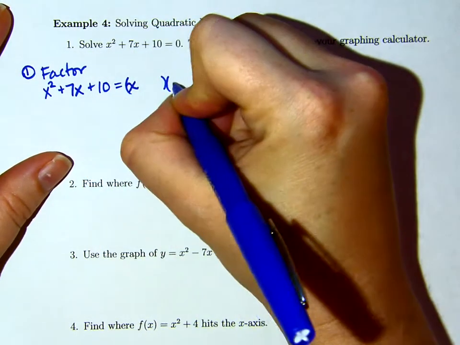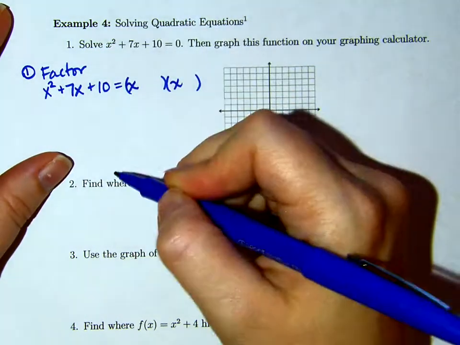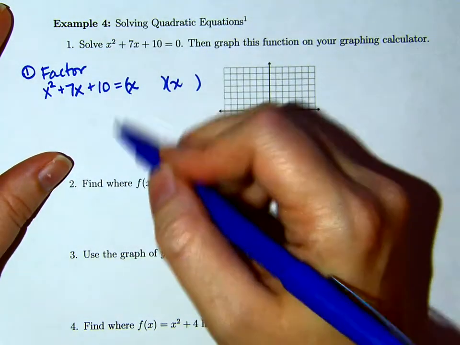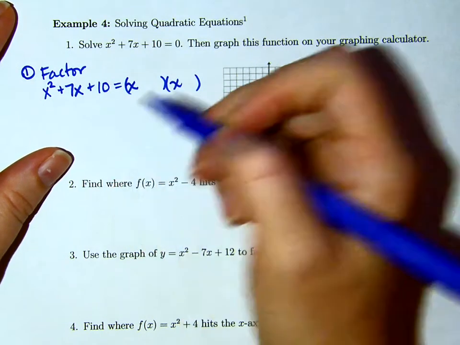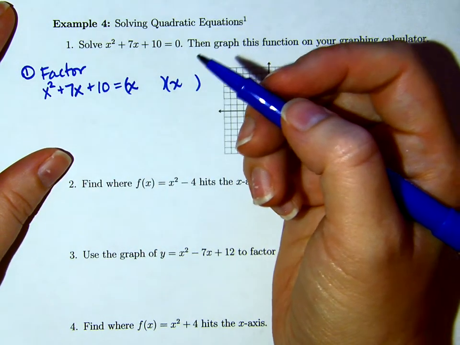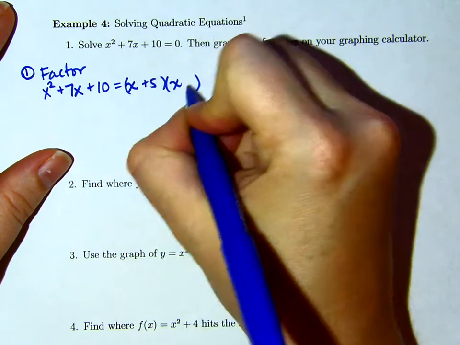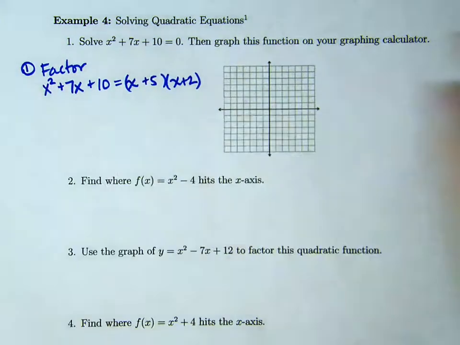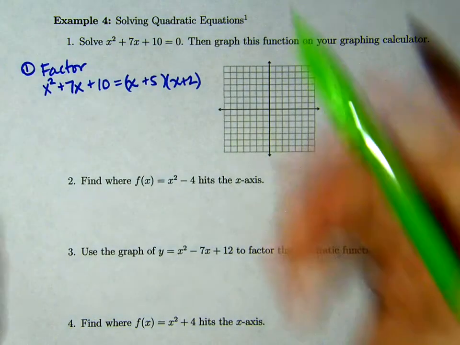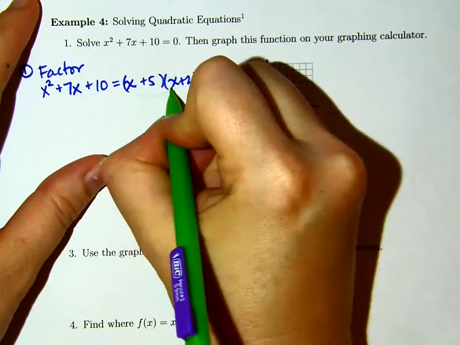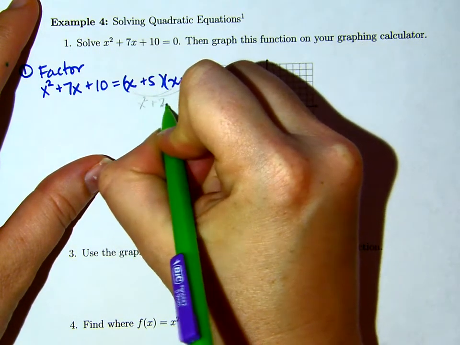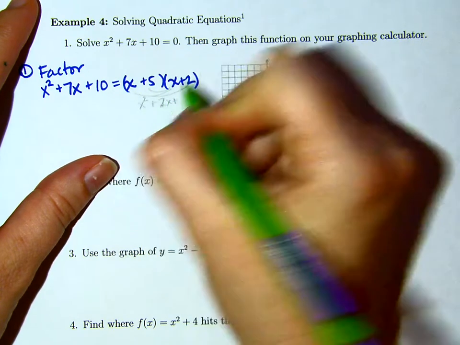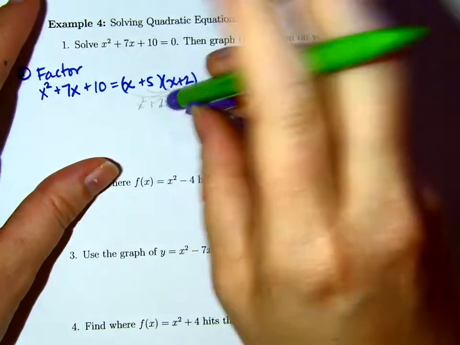So immediately I know it's going to be an x by x to get x squared. An x dimension by an x dimension gives x squared area. 5 and 2, I'm going to try 5 and 2. Plus 5 plus 2. Okay, here comes my scratch work. I see x squared plus 2x's plus 5x's.